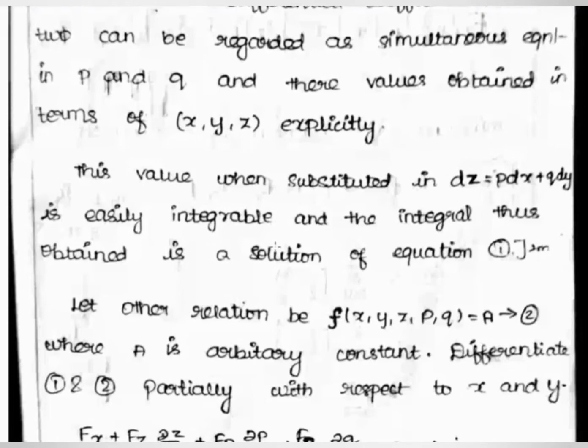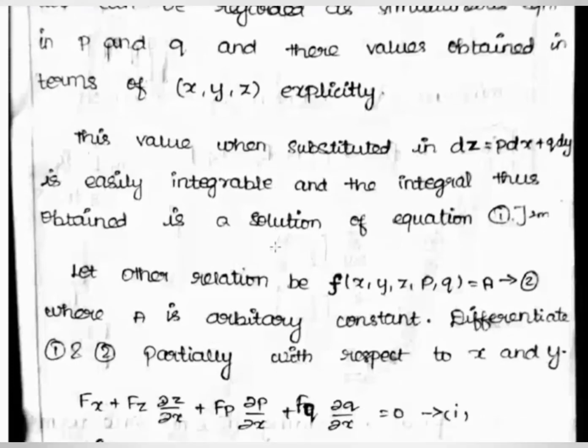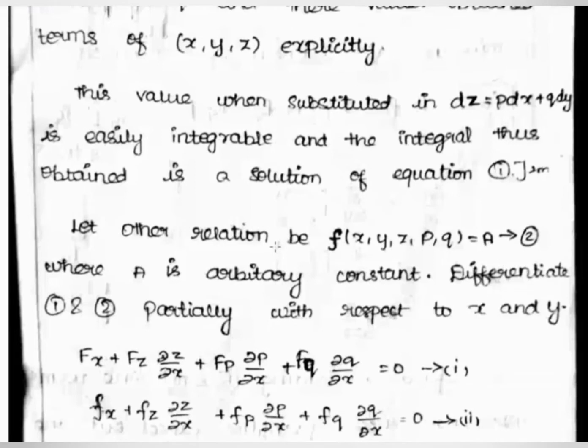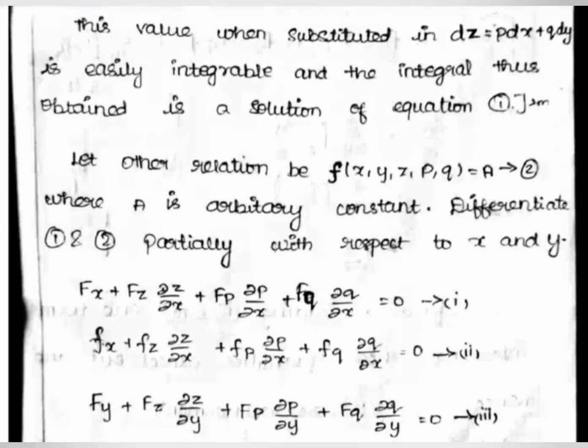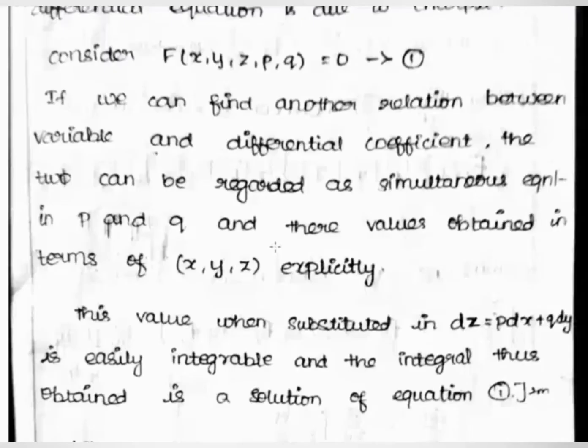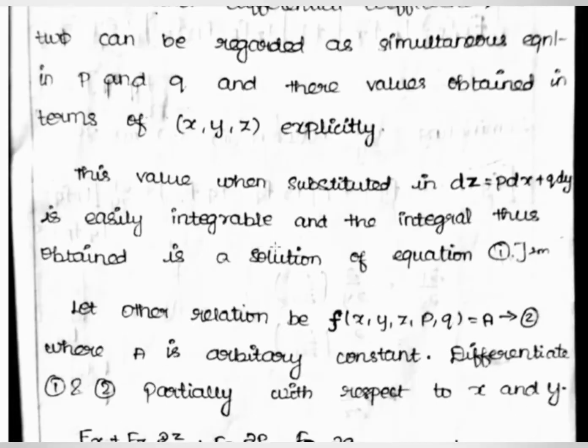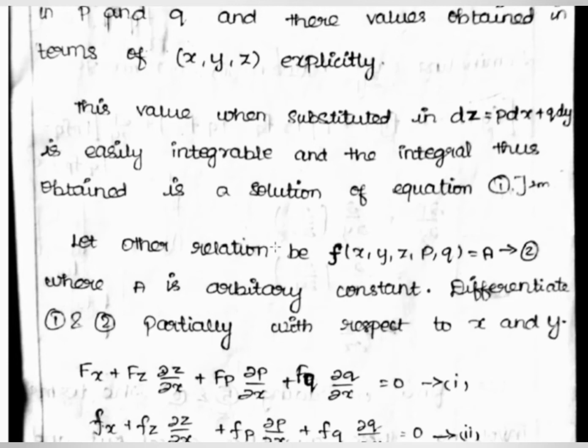A is an arbitrary constant. Differentiate equations 1 and 2 partially with respect to x and y. You get capital F of x plus f, and you have to differentiate each and every term.